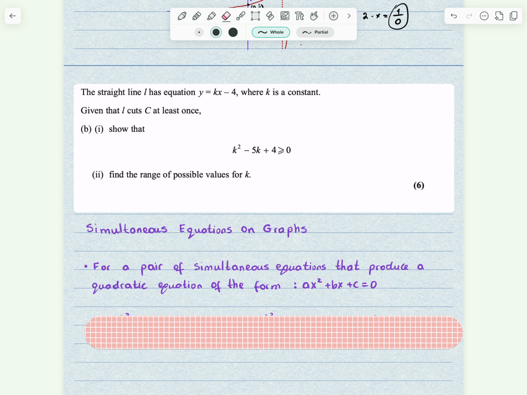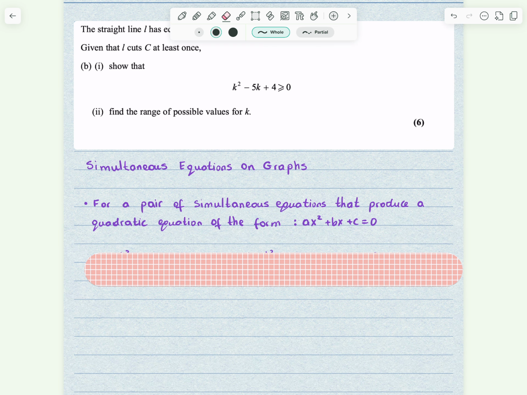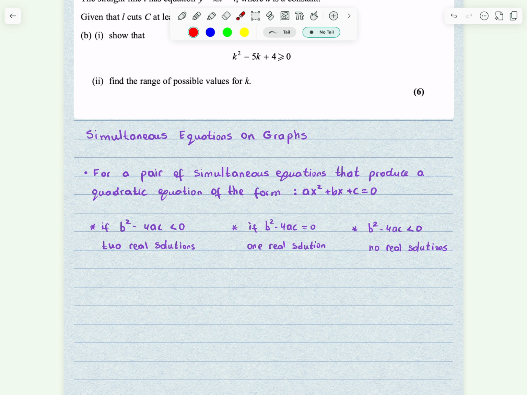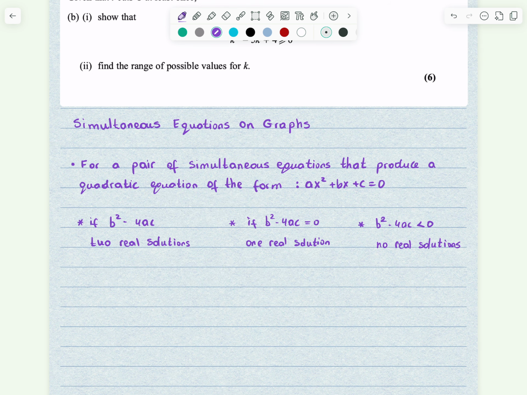If two equations, when I rearrange them, produce a quadratic equation ax squared plus bx plus c, then one of these statements will be true depending on the discriminant of the produced form, b squared minus 4ac. Sorry, my bad, that must be greater than 0.